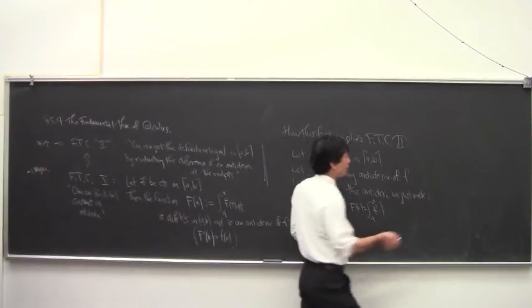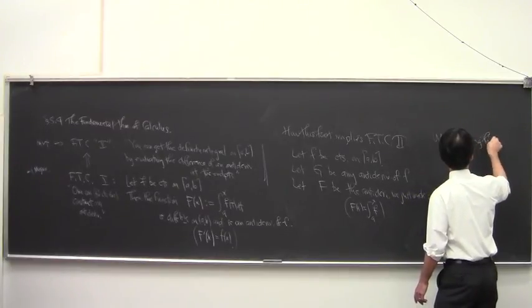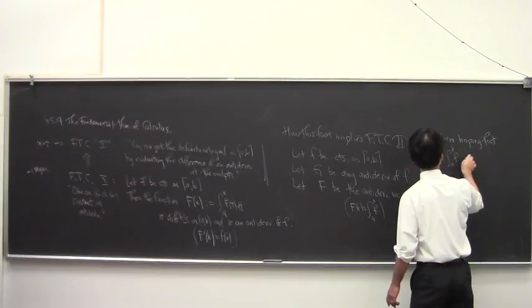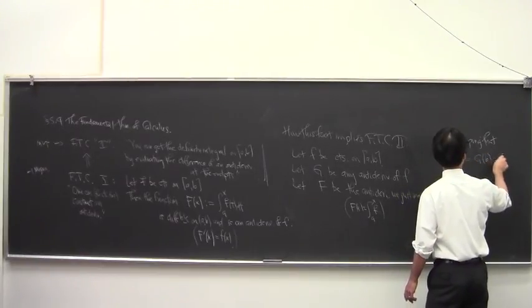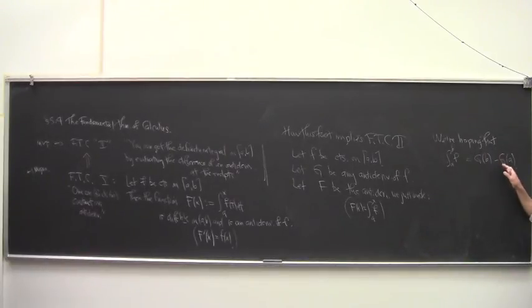What we're hoping to show is that the definite integral of little f equals G of b minus G of a. We actually know that already, but pretend that you've forgotten why it's true, and we'll see in another way why it's true.